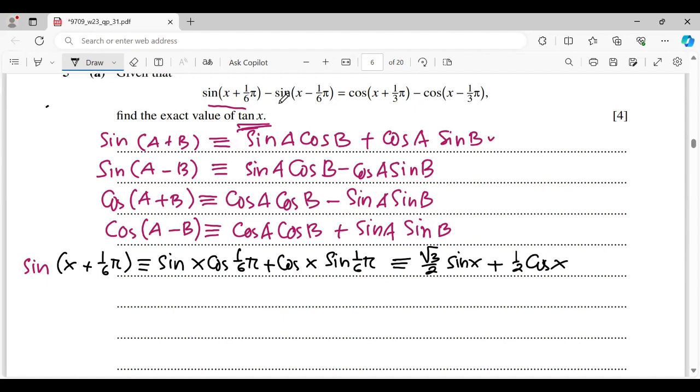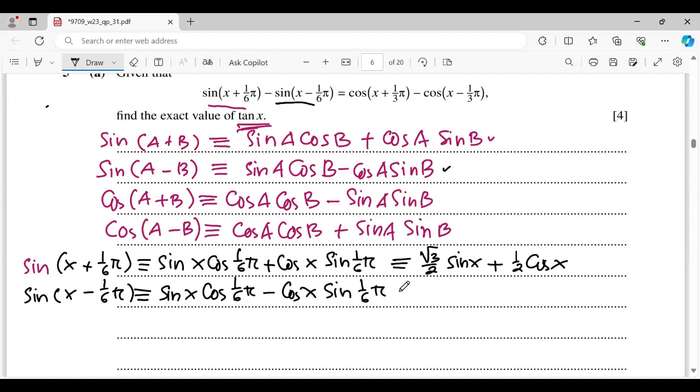And after that, this: sine of x minus 1 over 6 pi is equivalent to sine x cosine 1 over 6 pi minus cosine x sine 1 over 6 pi.